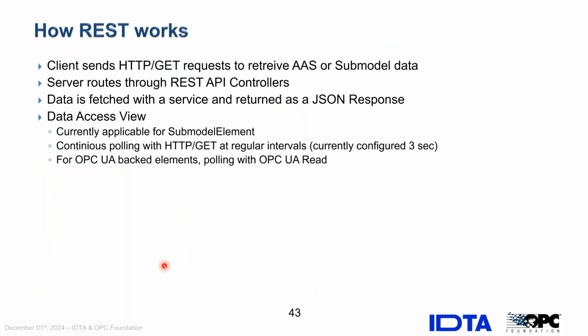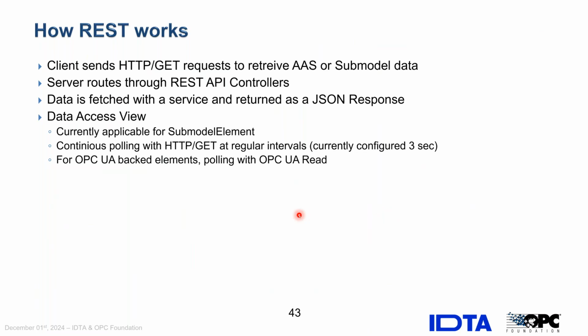Now, in this data access view, in the case of REST specifically, to monitor live updates, as I mentioned before, we are using the polling mechanism with HTTP REST, and the configured regular interval is 3 seconds. Now, if the element is an OPC UA backed element, what does this exactly mean?